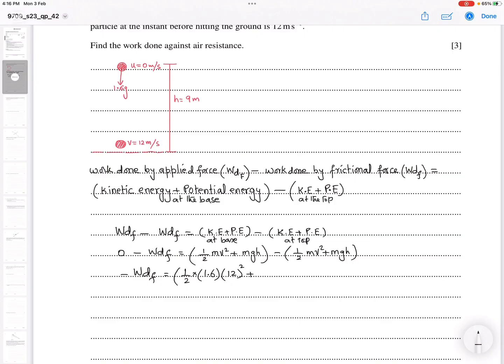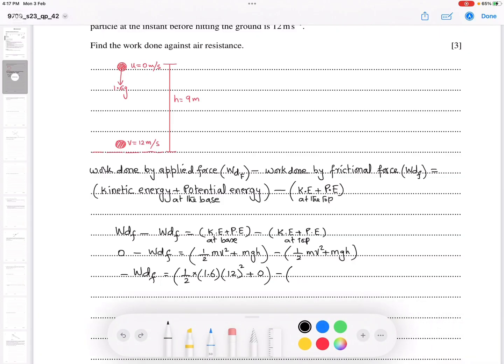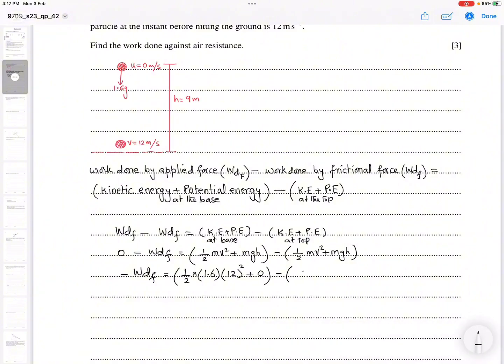the potential energy at base is 0, and now at the top the kinetic energy is 0. So instead of writing its values, we can write directly 0 here, plus the mass in potential energy is 1.6 times g is over 10 and the height is 9.